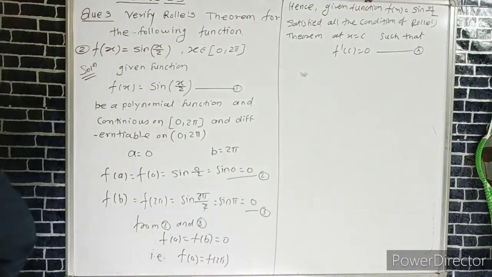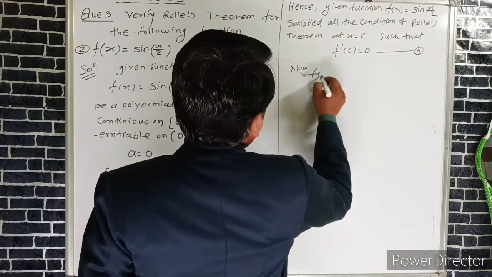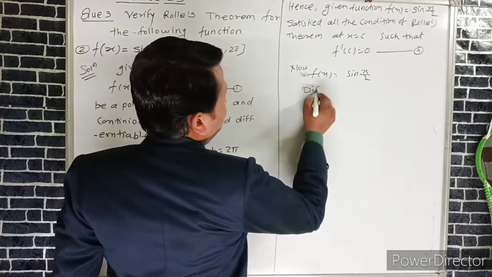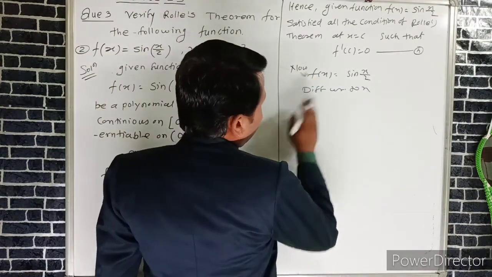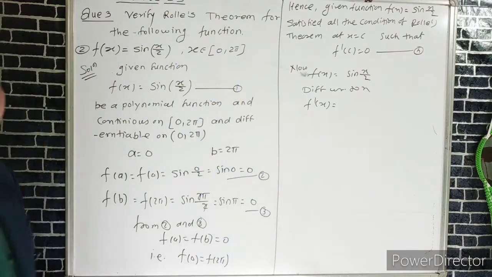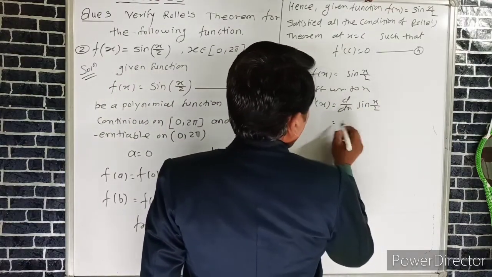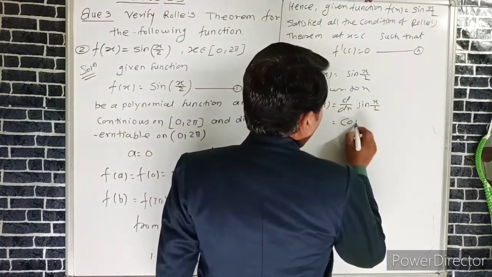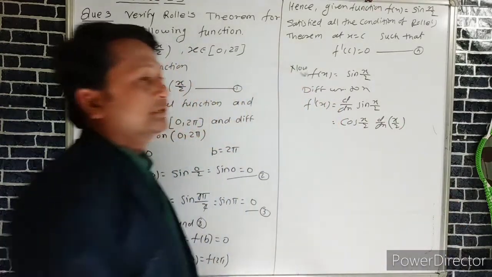So now we have to find the value of f dash of c. If we take the given function f of x is equal to sin of x by 2 and differentiate it with respect to x, then the derivative of f of x is f dash of x. The derivative of sin of x by 2 is cos x by 2, and we take again the derivative of x by 2 by using the chain rule.